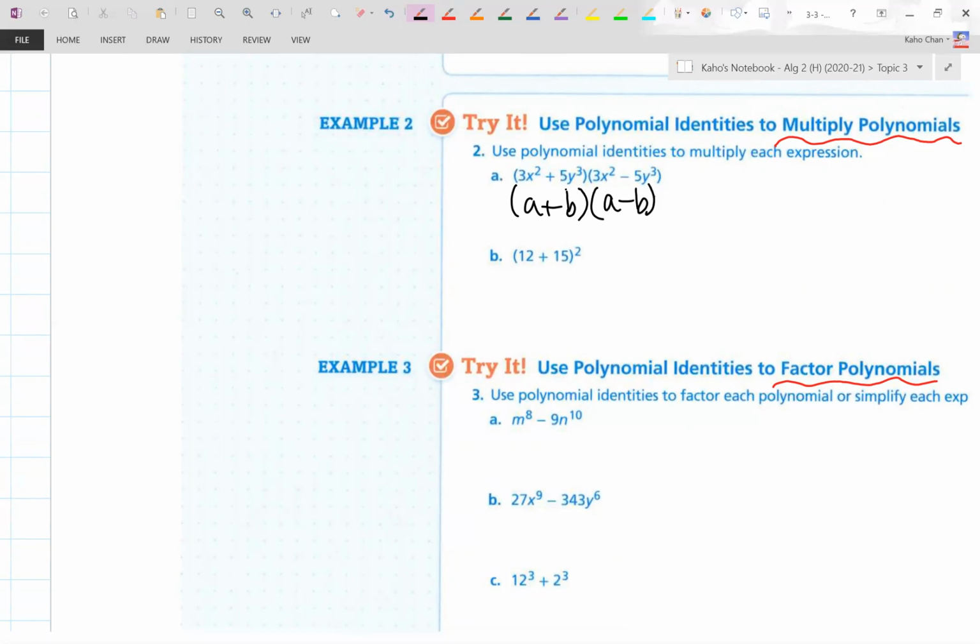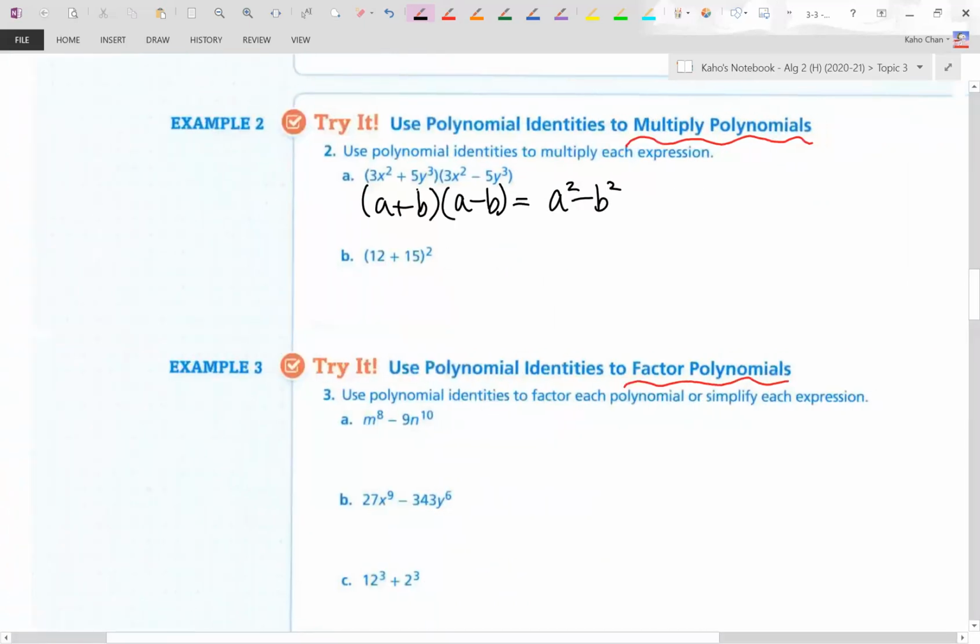And we know doing a product of a sum and difference will yield you a squared minus b squared. That's the pattern. Identifying a as 3x squared and b as 5y cubed will help you with this pattern and save you some time. A squared minus b squared.